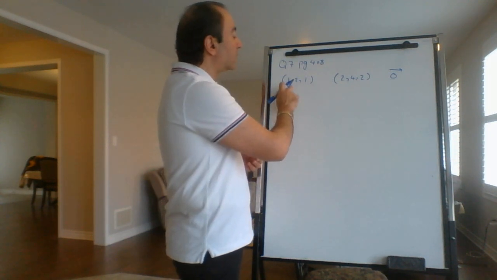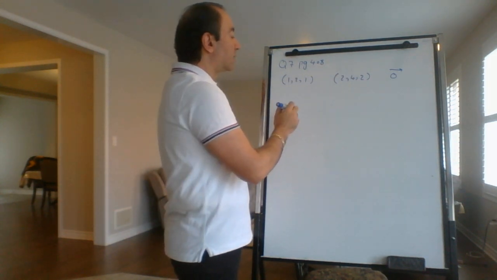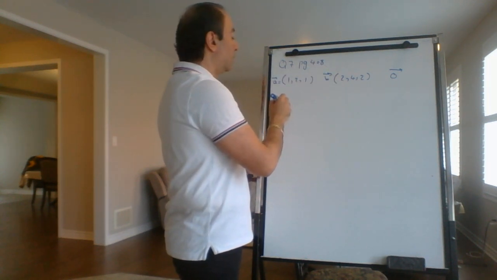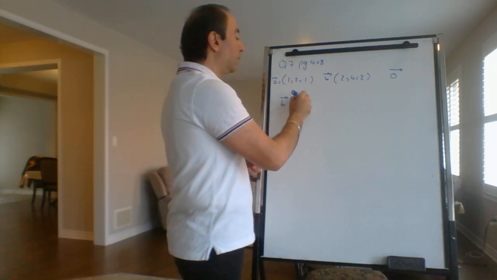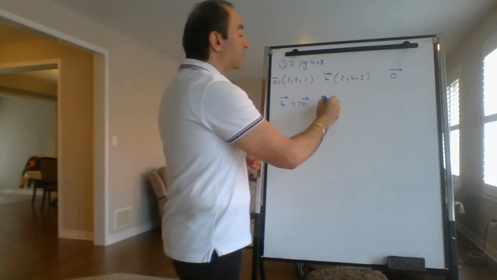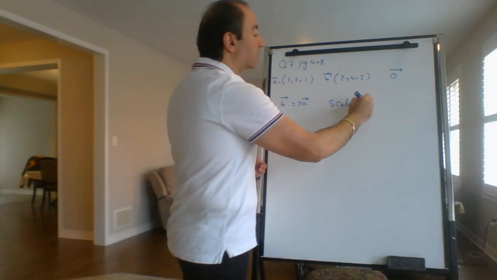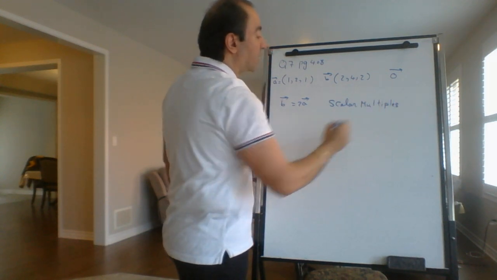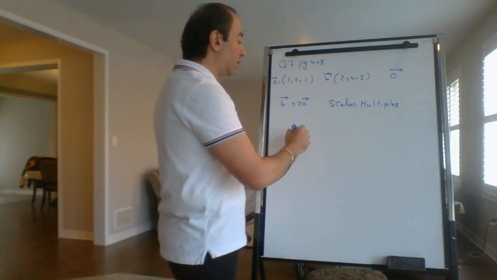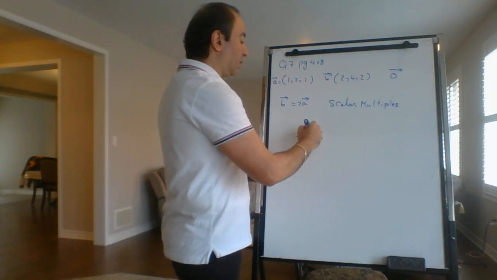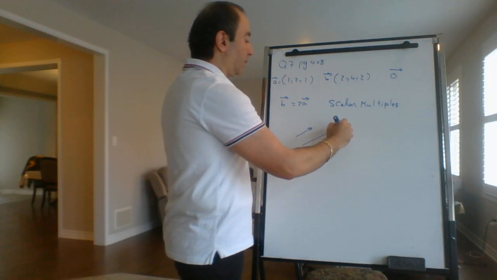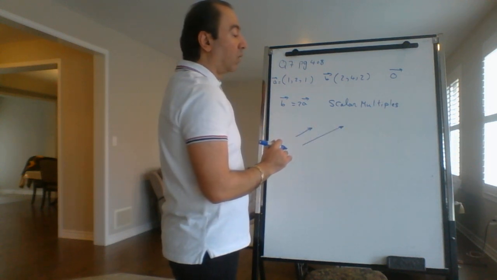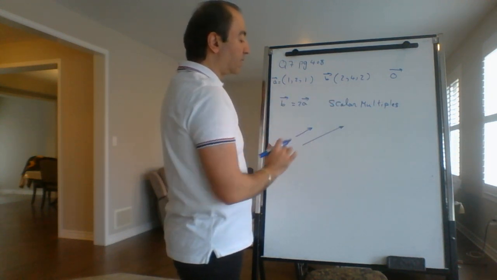But if you look at these two vectors, you will find that if we call this vector A and this is vector B, vector B equals 2 times vector A. What does that mean? They are scalar multiples. And what do we know about scalar multiples vectors? We know that they are parallel, but one of them is bigger than the other, multiplied by a scalar.